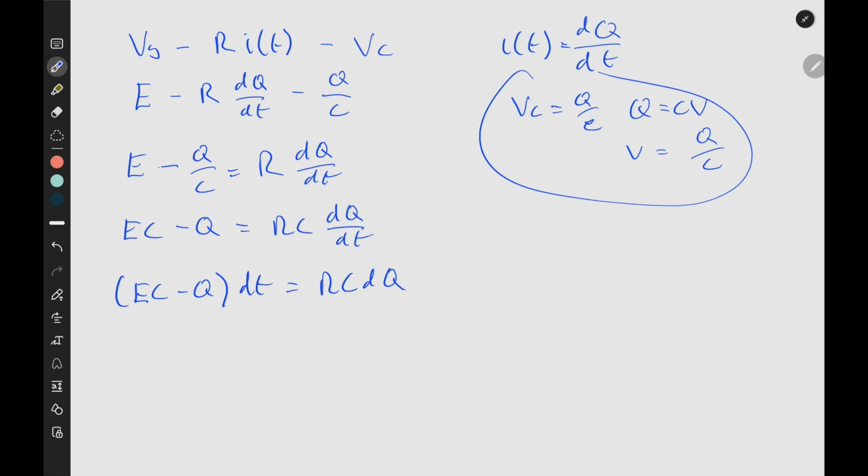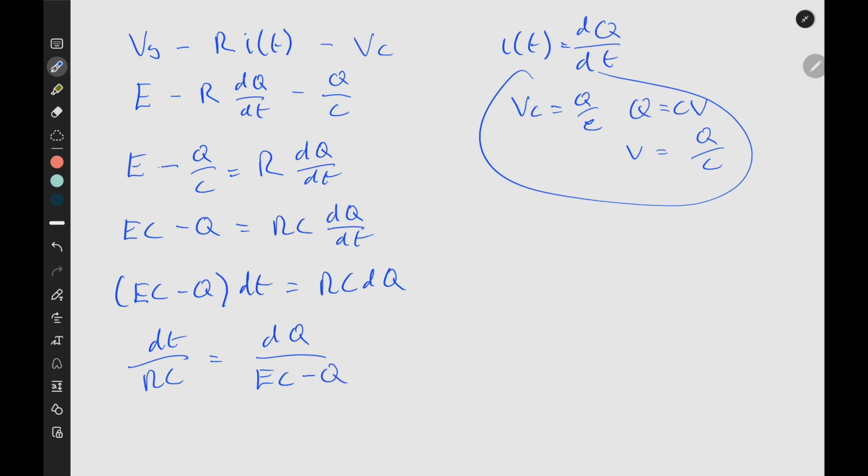Then we want to divide to bring this over here and this over here. So that gives us dt over RC equals dq by (EC minus q).